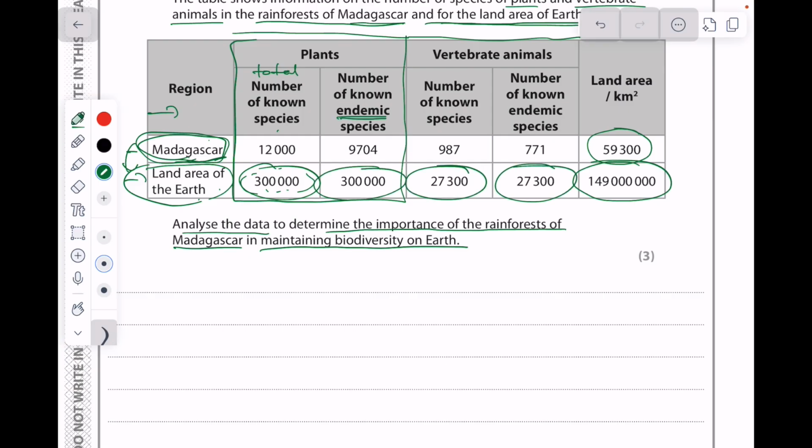But I'm not understanding what these numbers mean, because how can the total number of known species on the land area of Earth be 300,000 and the number of known endemic species of plants also be 300,000?